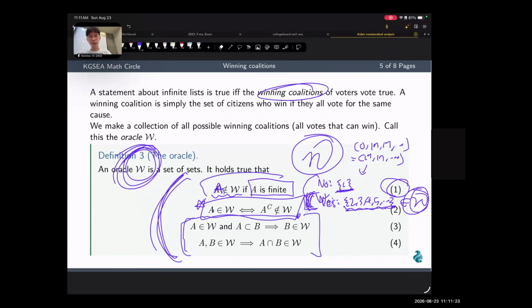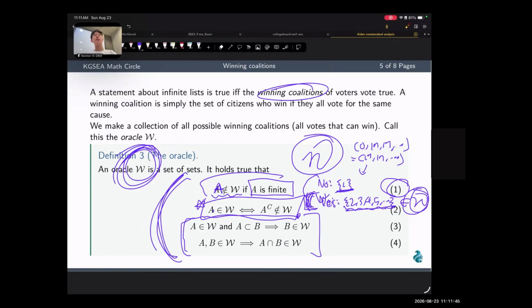The third and the fourth one can be a bit tricky. I'm just going to go over them really quick. It's not crucial that you get them right away. If A is a winning coalition, if the set of voters A are going to win under our choice of God, a set that includes all of it also has to win.